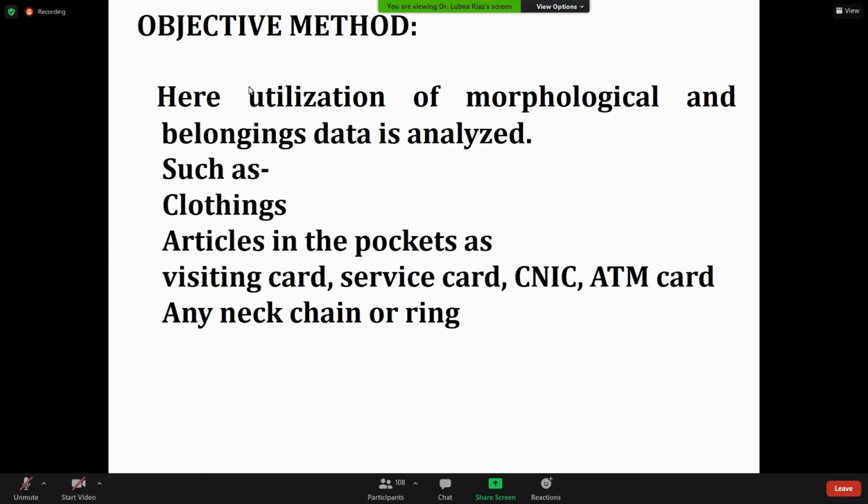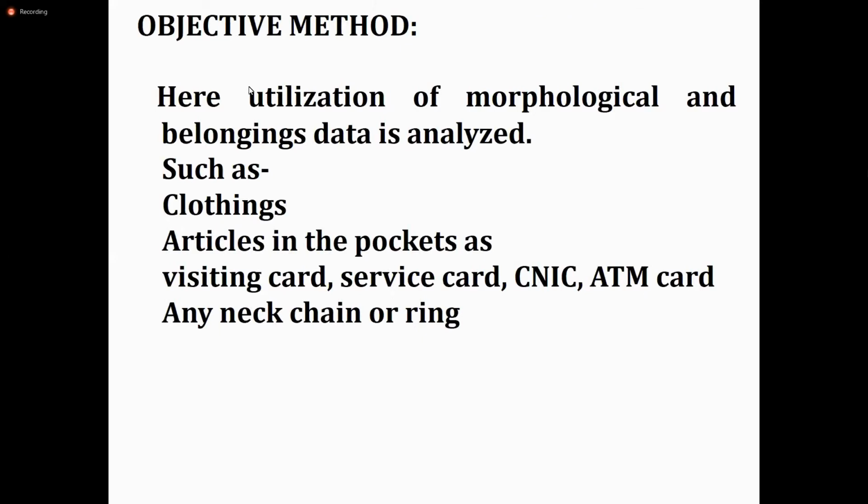The non-biological part consists of the personal belongings of the individual, like the clothings or articles, like the CNIC number, if we are lucky enough to get it, or the wristwatch or any ring by means of which you can at least identify that this ring or this wristwatch belongs to so-and-so person. So this is usually to maintain the chain of evidence.